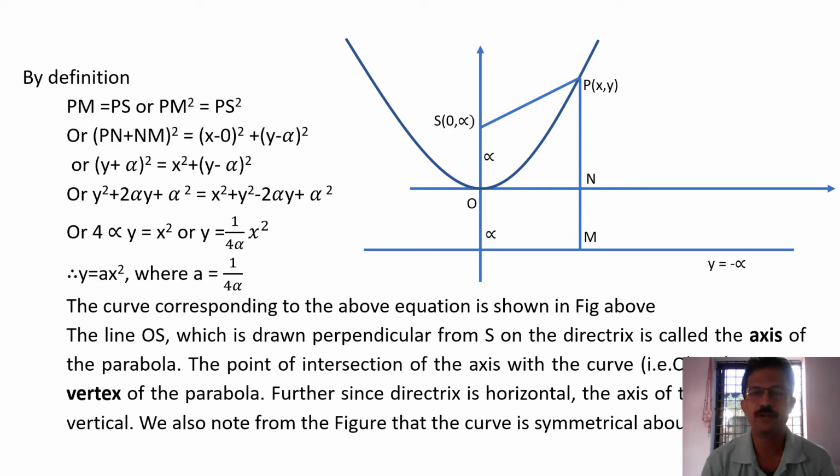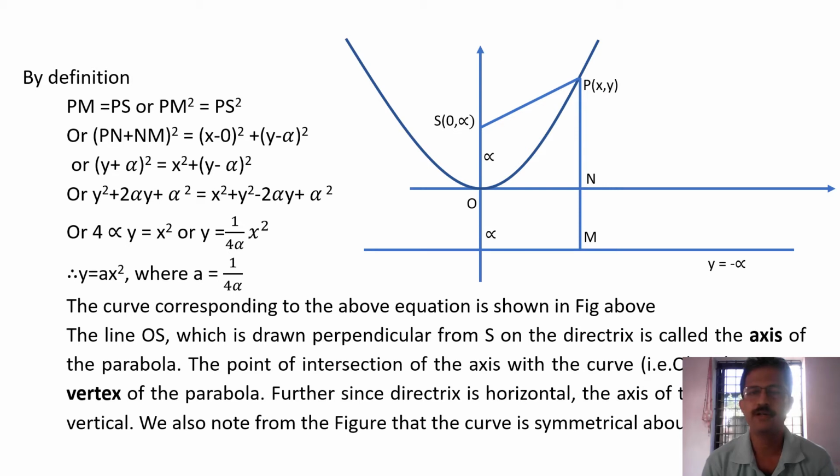This is a point on the parabola, so its distances from the fixed point and fixed line are the same. So we have taken this length equal to alpha, therefore this length is also alpha. This is drawn perpendicular, so therefore NM is equal to alpha.